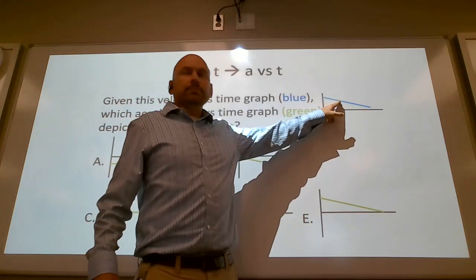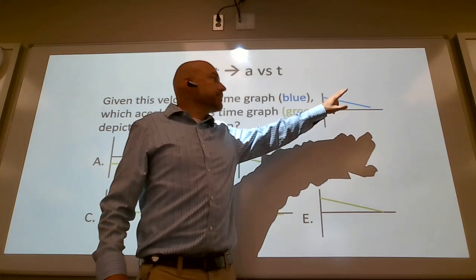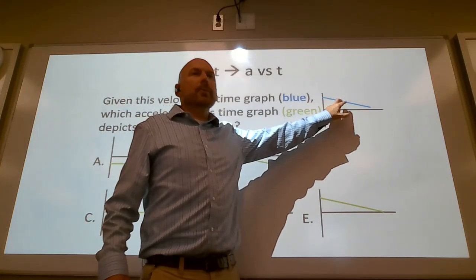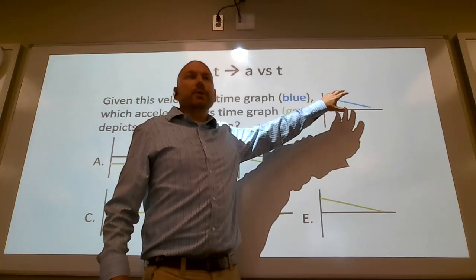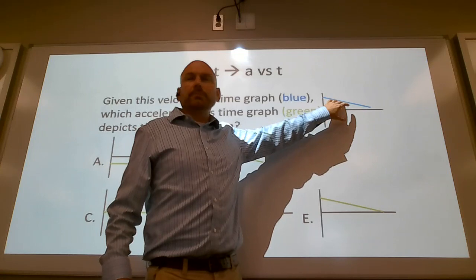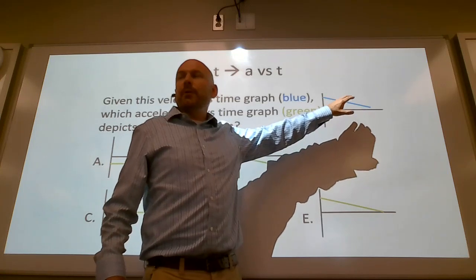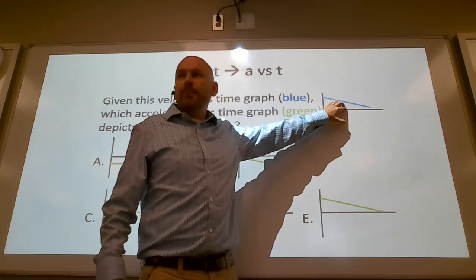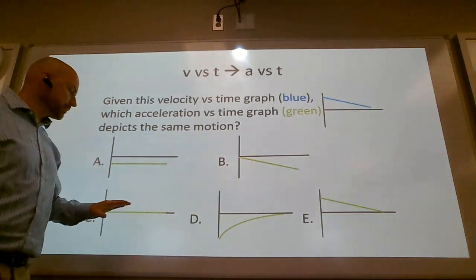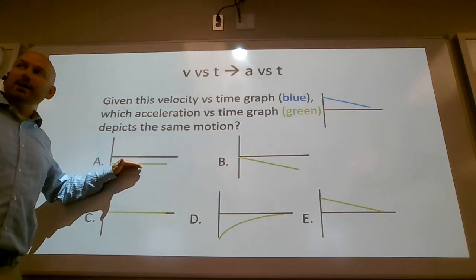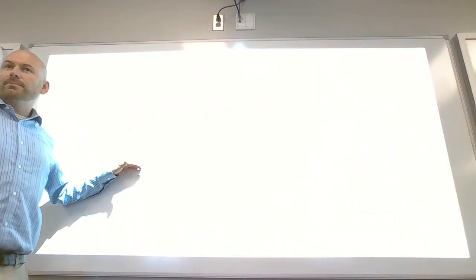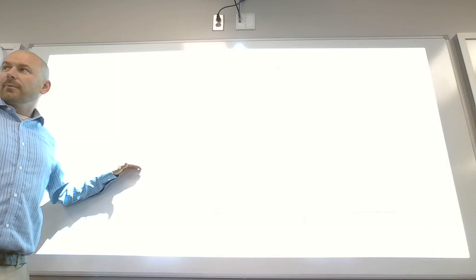How would you describe the slope? Positive or negative? Negative. Is it constant or is it changing? Constant. You have a constant negative slope. You have a constant negative value of acceleration. All right with that?